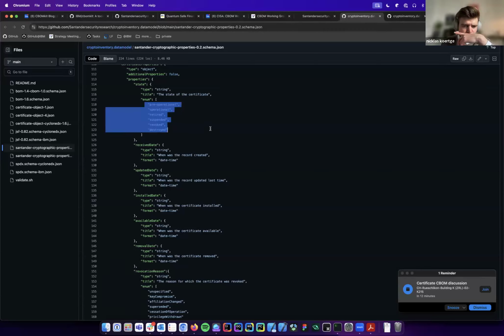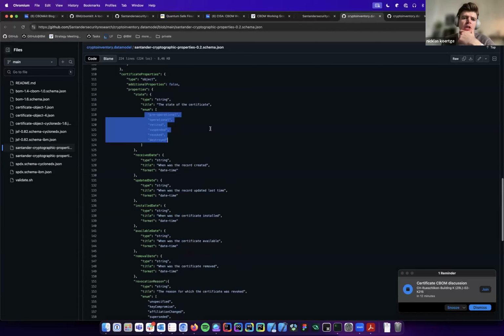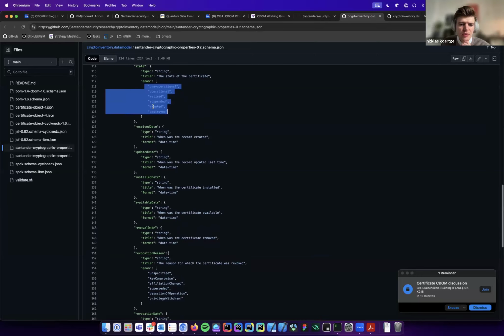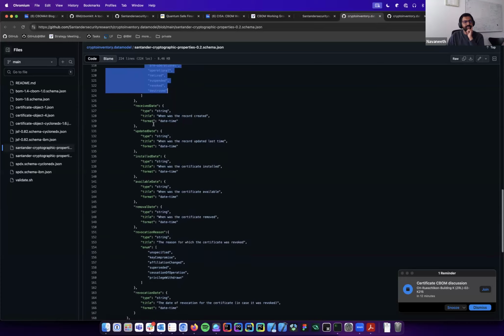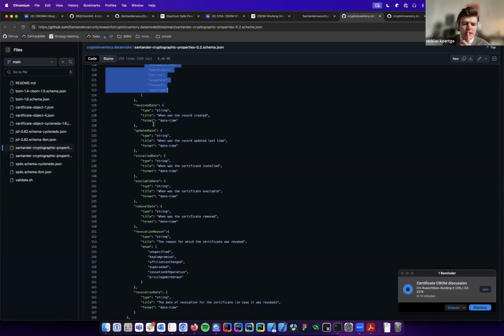Okay, so this we have to review. And then there was this discussion that when we have a state, you also have a date related to the state, but I think that was also not final. We didn't have an agreement on that either. Same with the revocation reason.